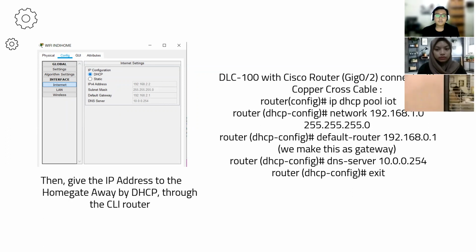And click enter again for the router dhcp config default router 192.168.0.1. This is for the gateway, and next we click enter for the DNS server 10.0.0.254, and we enter again and type exit.